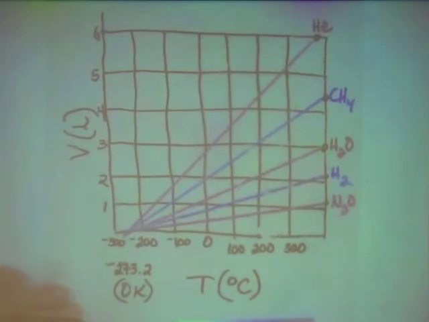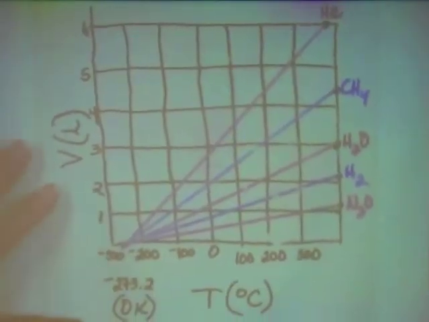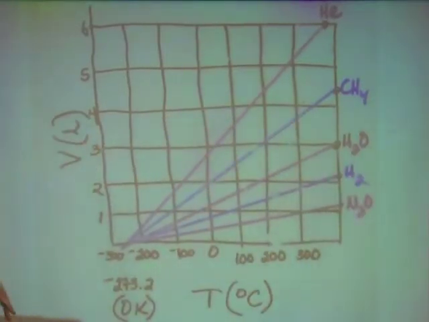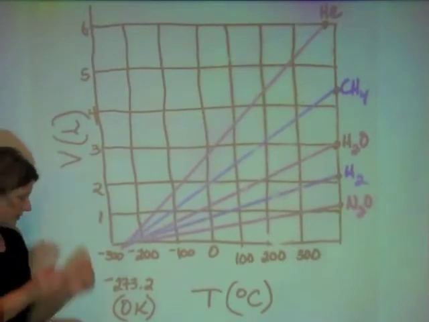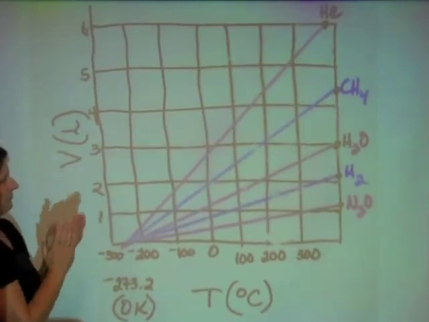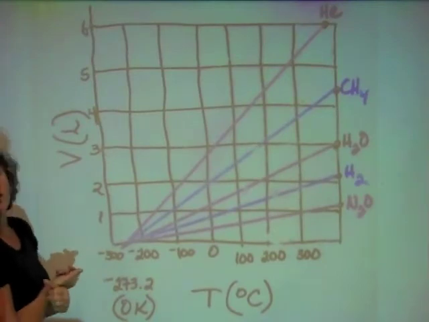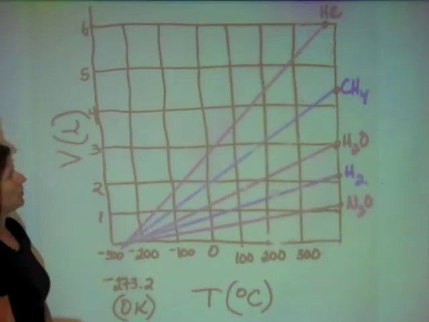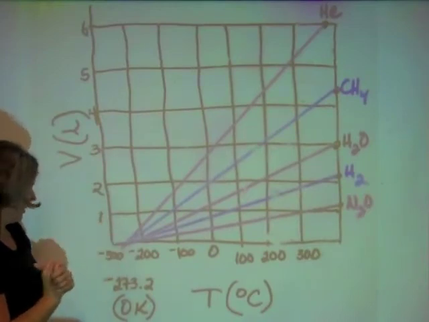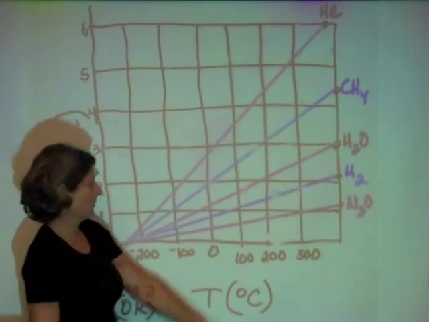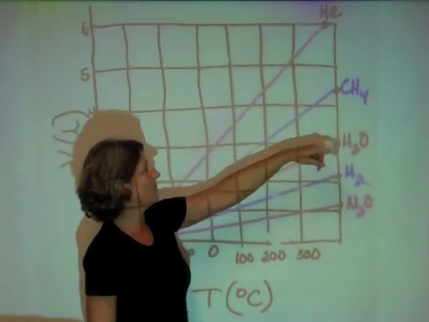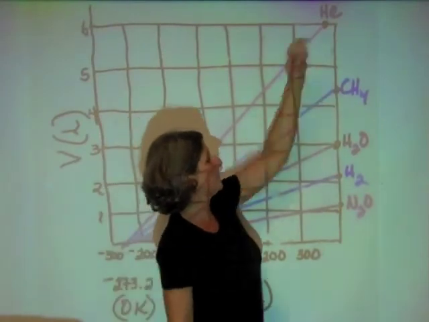So think about this. Temperature is in degrees Celsius. Volume is in liters. What some chemists, physicists, did was take samples of different gases: dinitrogen oxide, hydrogen gas, water vapor, methane, helium.